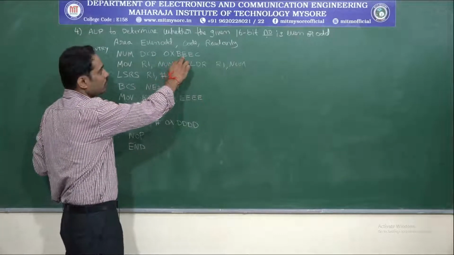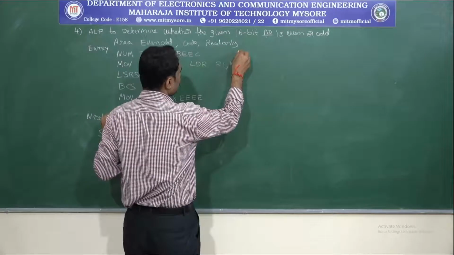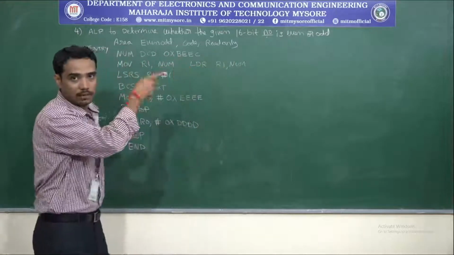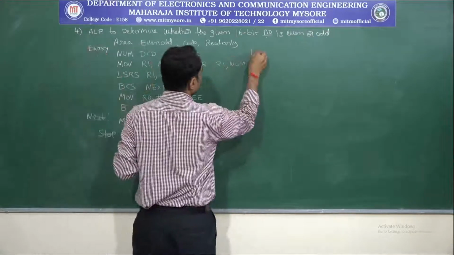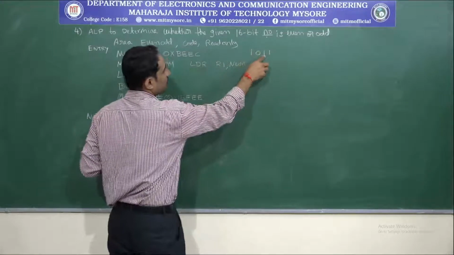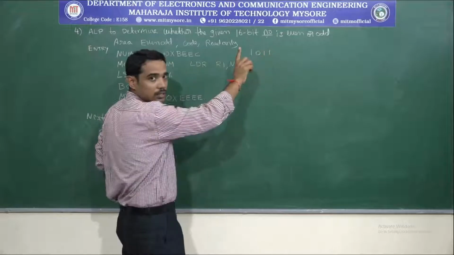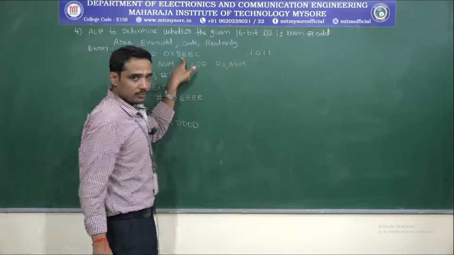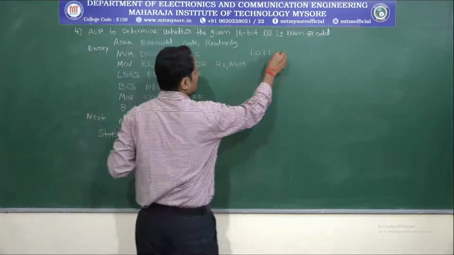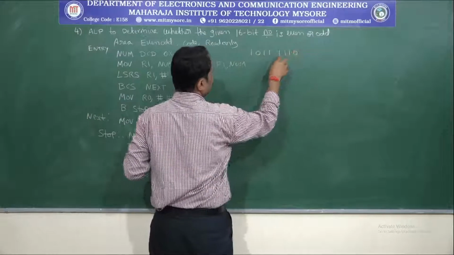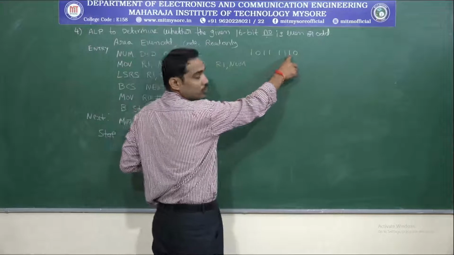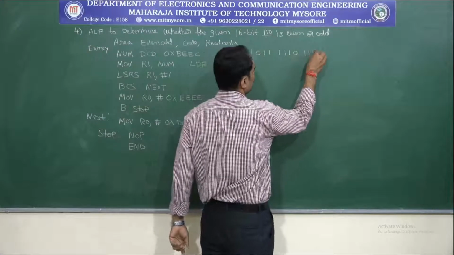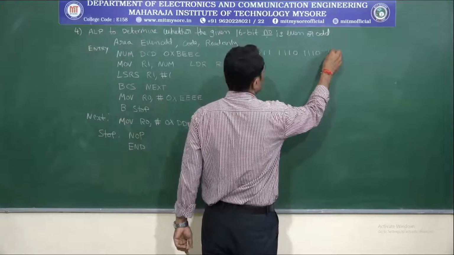First, let us write this data in binary. B is 11: 8 plus 2 is 10, 10 plus 1 is 11. E is 14: 14 can be written as 8 plus 4 is 12, 12 plus 2 is 14. Similarly, one more E is 1110, and C is 12, that is 1100.